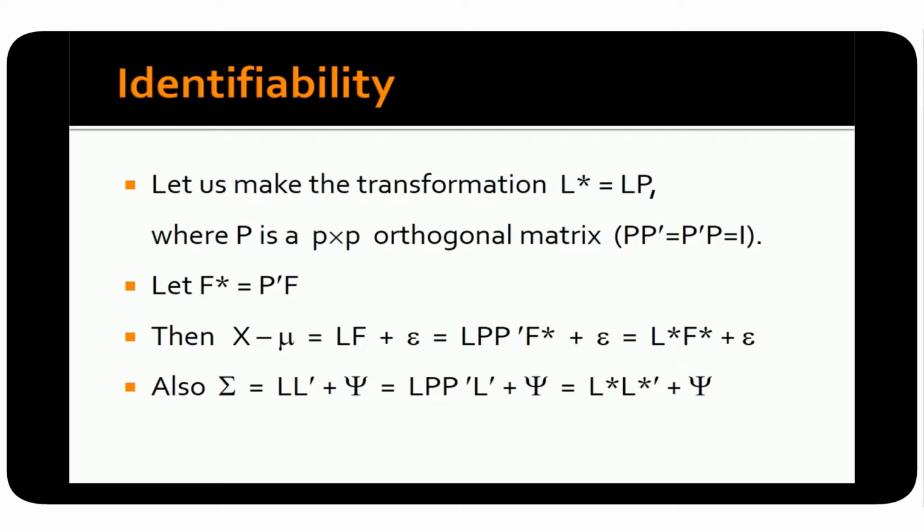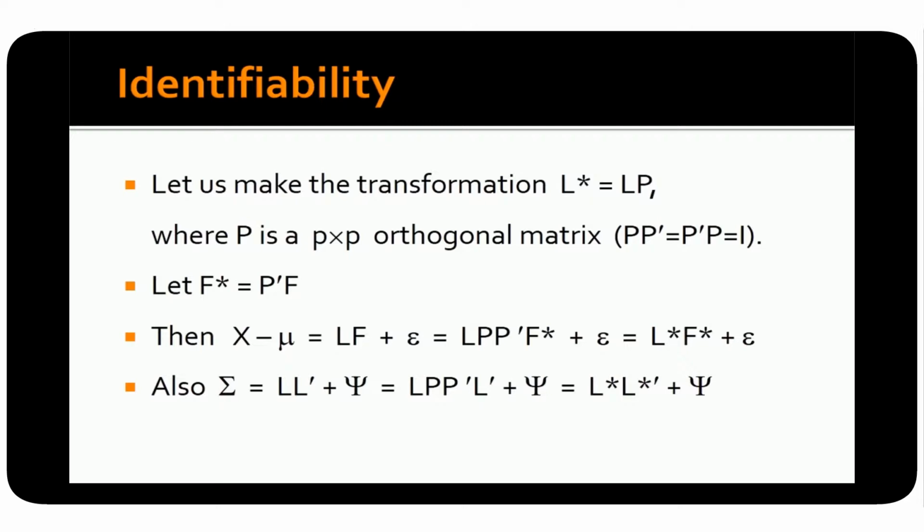Now suppose we make a transformation from L to L star. Let L star be equal to L into T, where T is an orthogonal matrix, so T prime T is equal to identity. And if we do this, then we can write the model again as x is equal to mu plus L star f star plus epsilon.